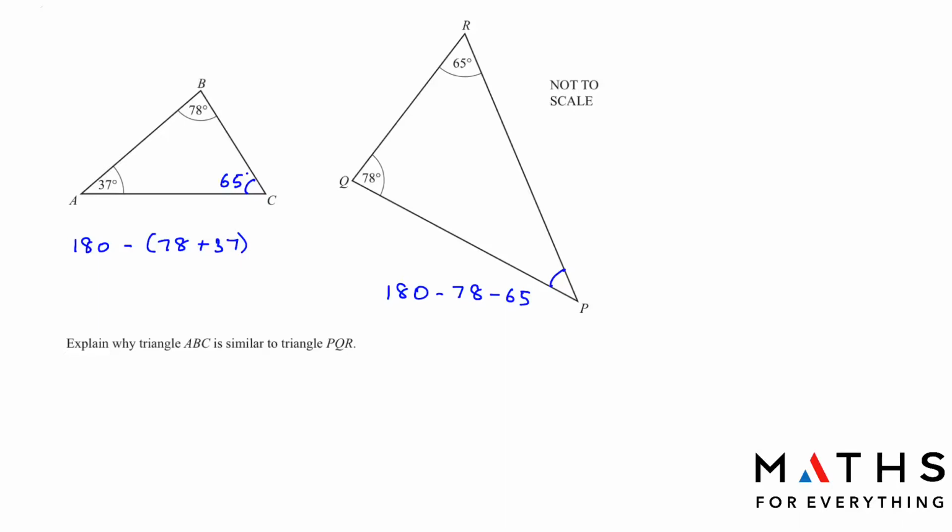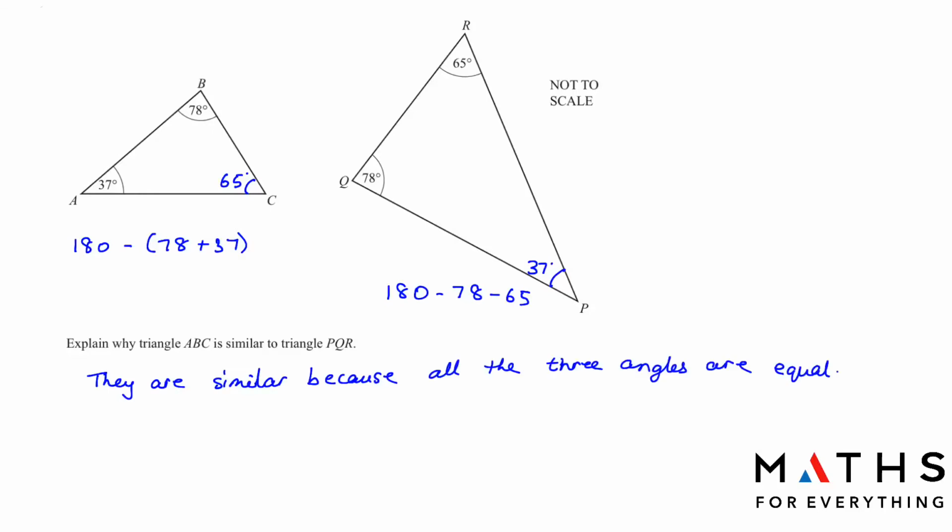This will give you 37. So as you can see that all the three angles are same in the triangle, you will write that they are similar because all the three angles are equal.